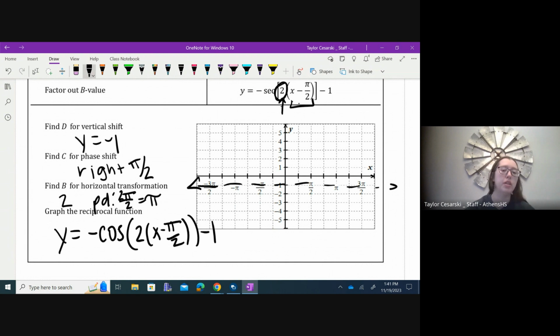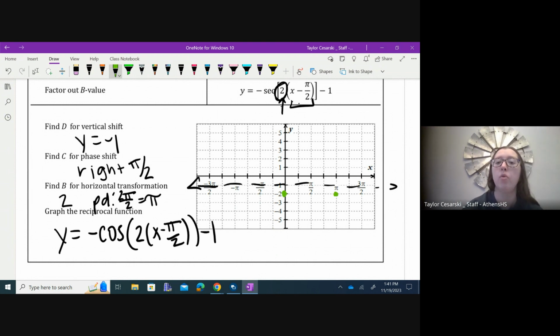So the easiest way to do this is to graph that function first. Because it's negative cosine, it'll start at a minimum with an amplitude of 1. So that means it will start down here at -2. And then the period here is pi, so at pi, it'll get back down to that minimum there.